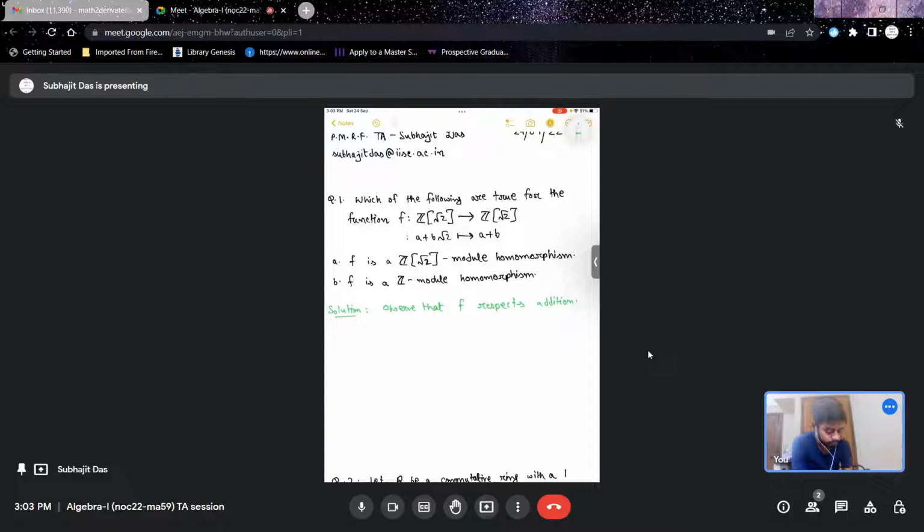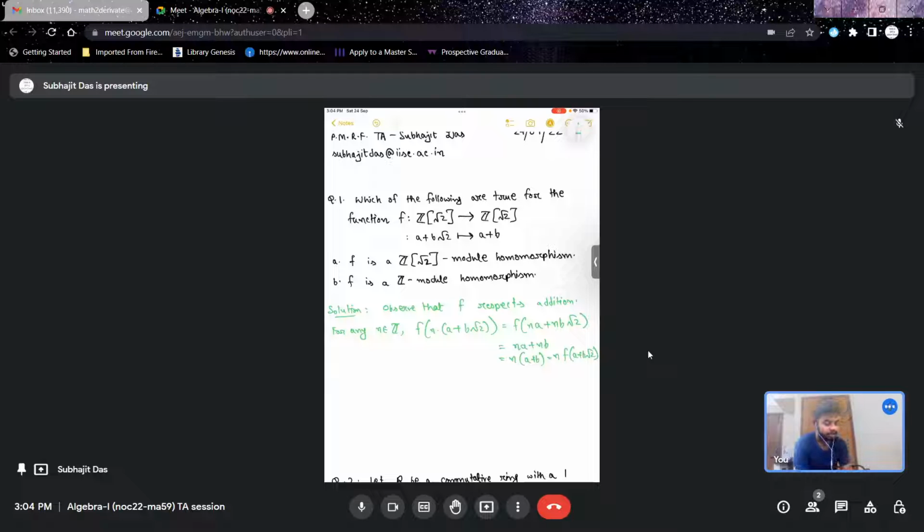For any scalar n in Z, f of n times (a plus b root 2) is f of (na plus nb root 2). Now clearly na and nb are integers, right? So this is just na plus nb, which is n times (a plus b), which is n times f of (a plus b root 2).